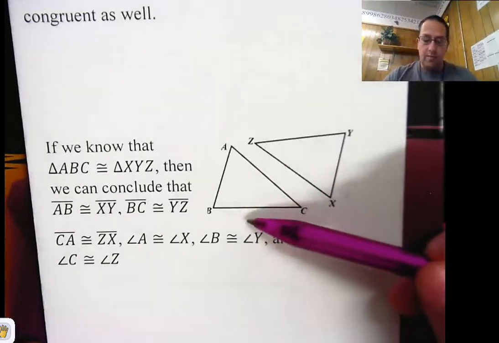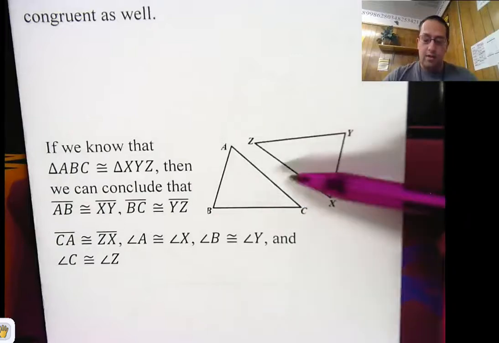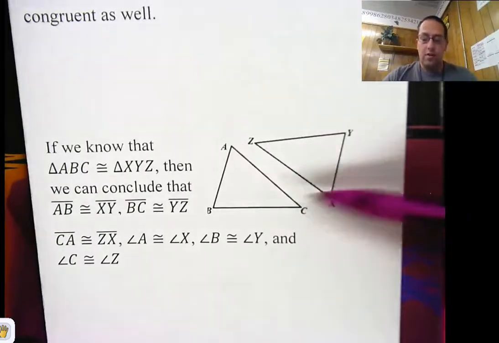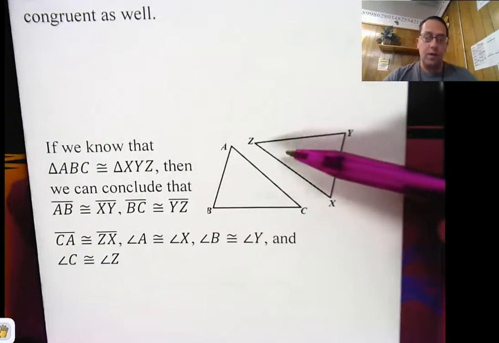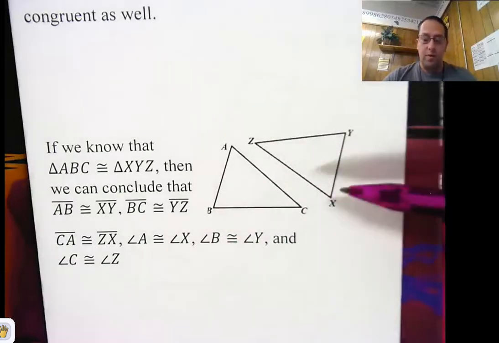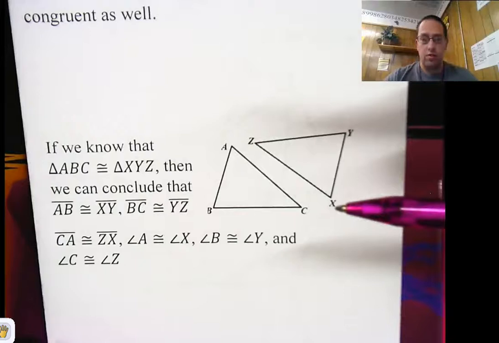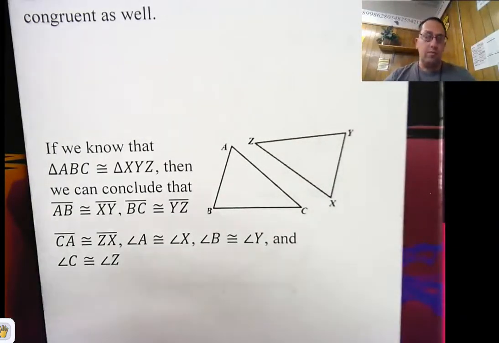We know that segment BC is congruent to segment YZ. We know that segment CA is congruent to segment ZX. And we know that angle A is congruent to angle X, angle B is congruent to angle Y, and angle C is congruent to angle Z. Okay? Because the corresponding parts of these two congruent triangles are congruent to each other. Alright? So then we can use them for other things.